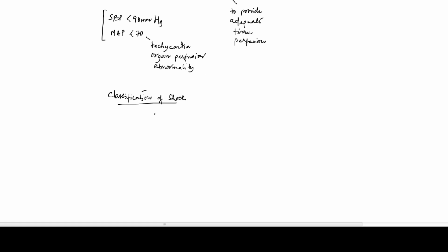So, according to the etiology, shock could be classified as hypovolemic, cardiogenic, obstructive, or vasodilatory, or distributive.